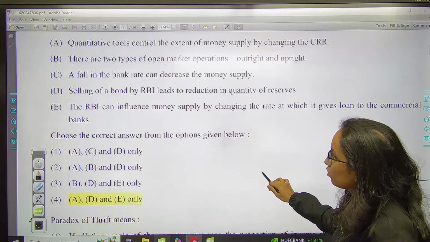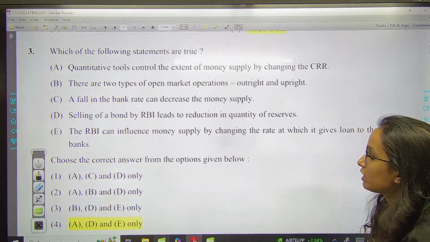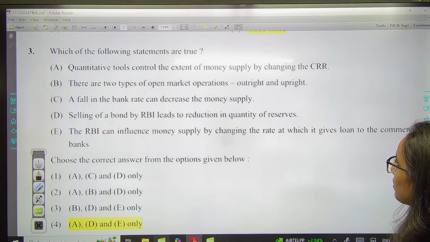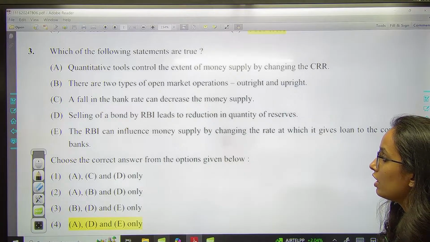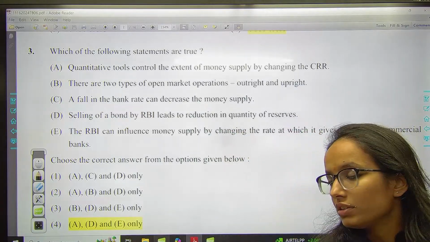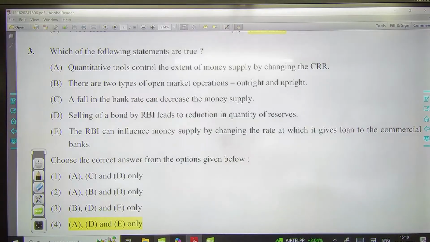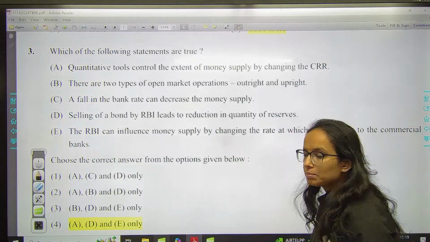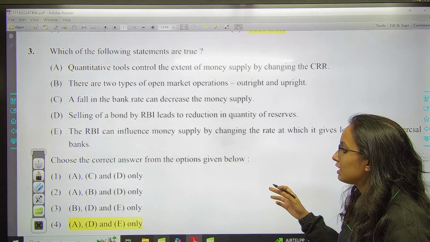You can go through this question: which of the following is correct. Quantitative tools control the extent of money supply by changing the CRR, that is true. There are 2 types of open market operations, outright and upright. No, this is not correct, right? There is no outright and upright. Fall in bank rate can decrease the money supply?